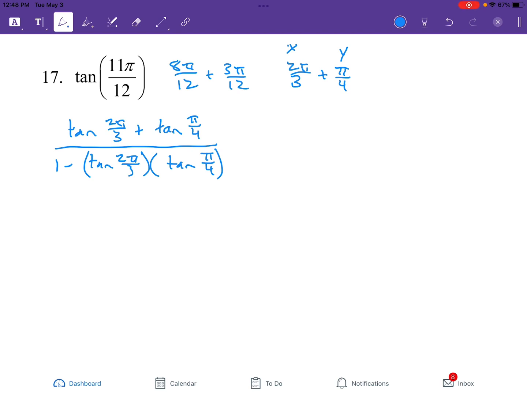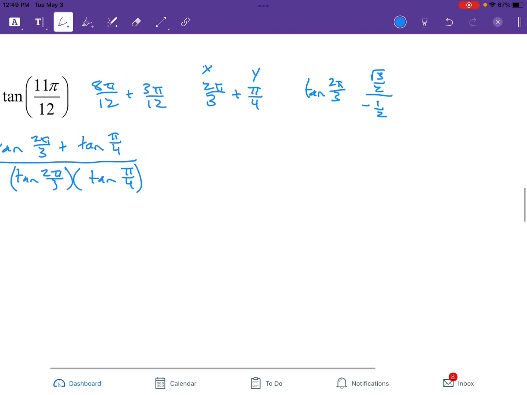So the tangent of 2 pi over 3 is going to be root 3 over 2 divided by negative 1/2. Okay, so actually I'm going to move this. This is going to be the tangent of 2 pi over 3.